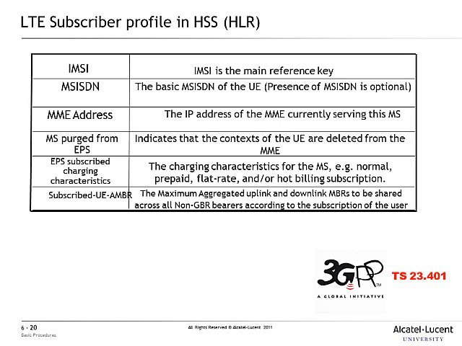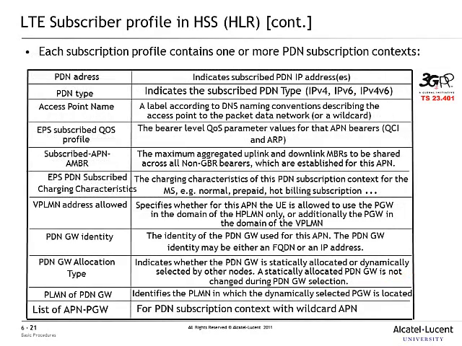So that's why we need to store in the HLR database the MME that is currently serving a mobile subscriber, and so forth. There's a whole lot of other information that is stored there, and that's given in the table.